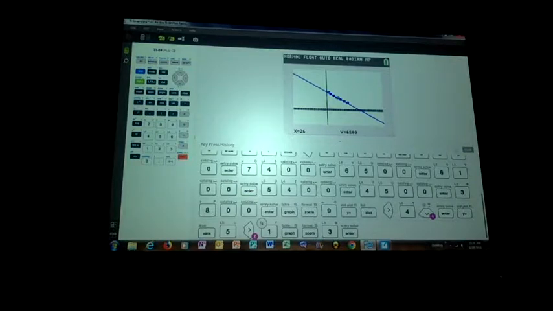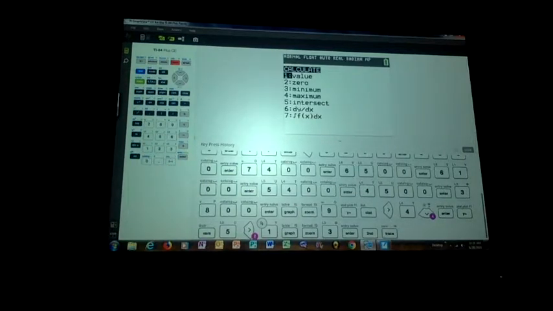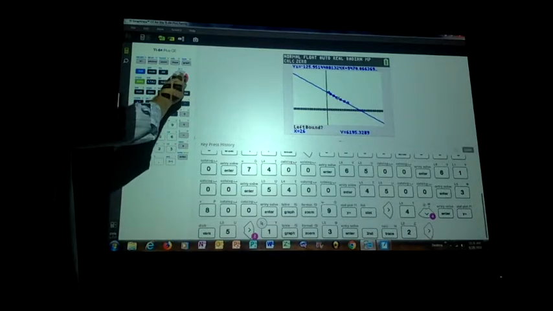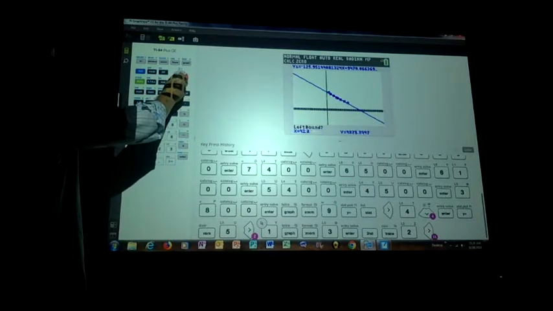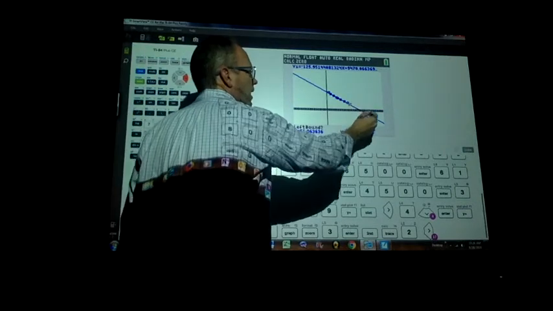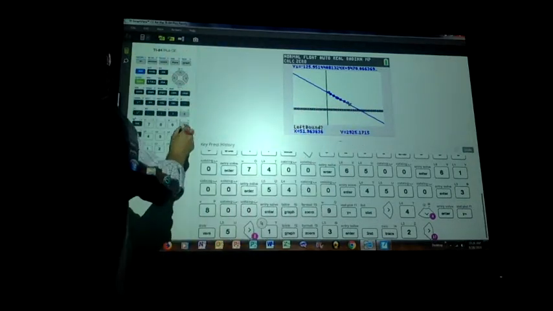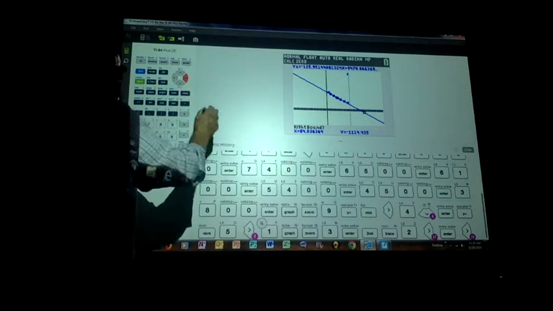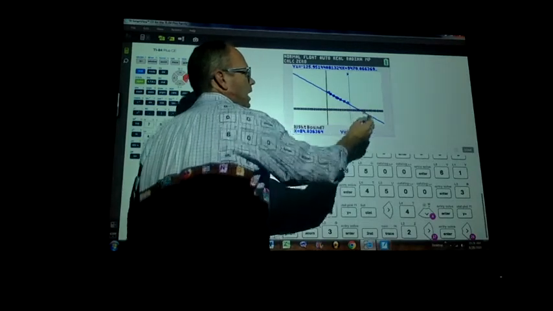It's known as a zero. So the last step here is to go to second, calculate, and we want to find a zero. I need to go on the left side of here. So I'm trying to aim for this point. I'm definitely on the left, and I keep going until I'm on the right side of where that crosses.